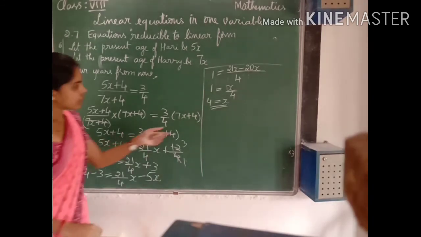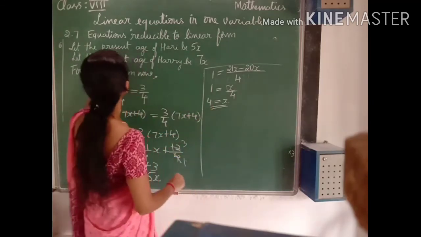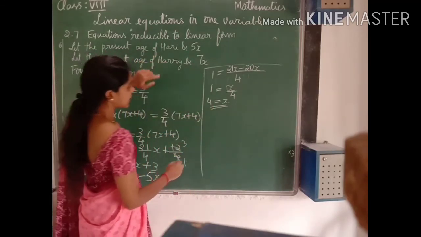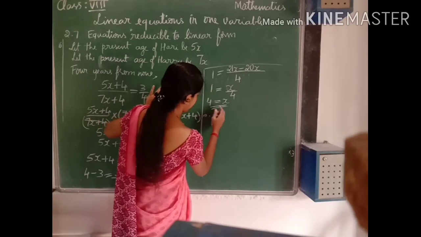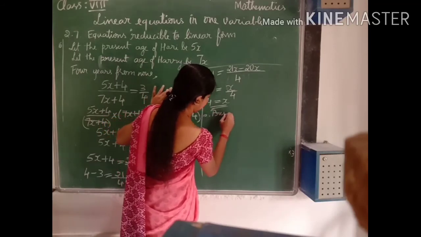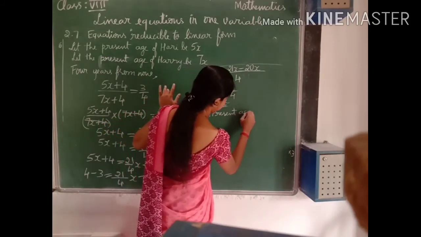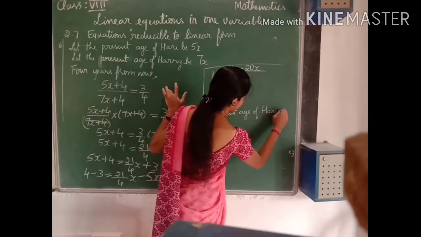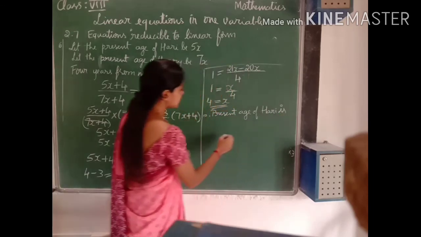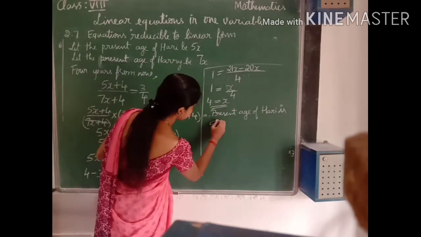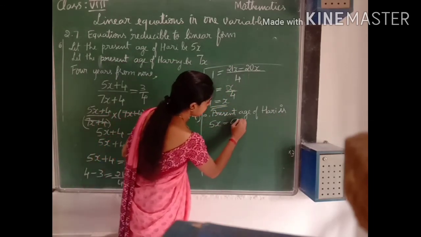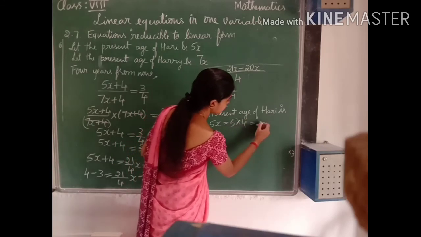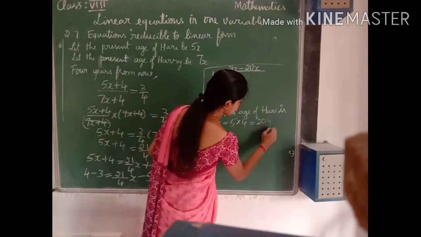Therefore the present age of Hari is 5x, that is equal to 5 into 4, so 5 4s are 20 years.